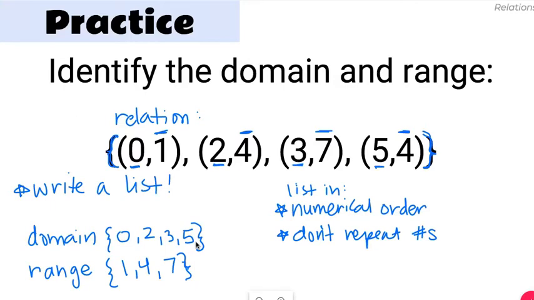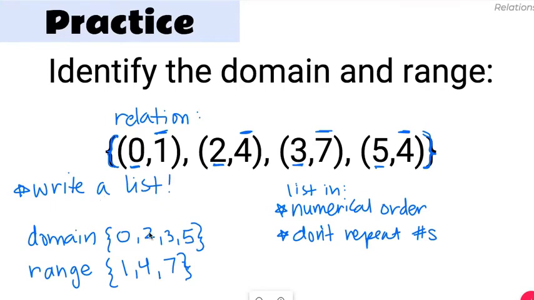Domain and range isn't something you'll be asked to find so that you can figure out what the ordered pairs are. It doesn't really work that way. So don't get hung up on trying to match things. All you need to remember is they're in numerical order and you don't have to repeat the numbers.